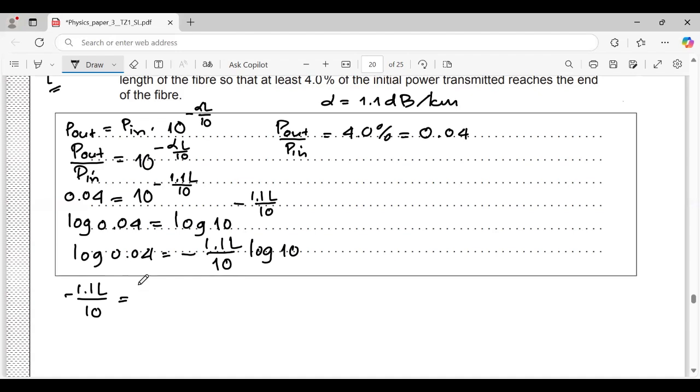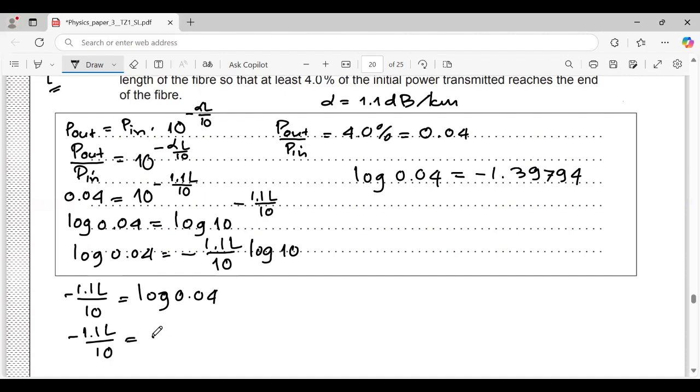And log 0.04 is minus 1.39794. So we can substitute this number into this equation. It becomes minus 1.1 L over 10 equals minus 1.39794.